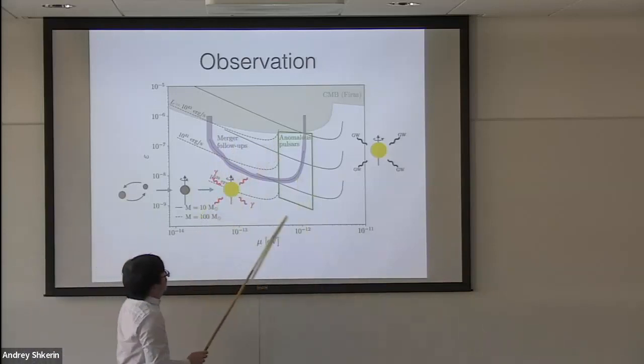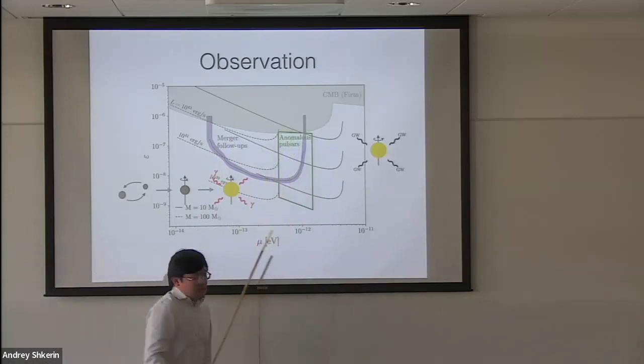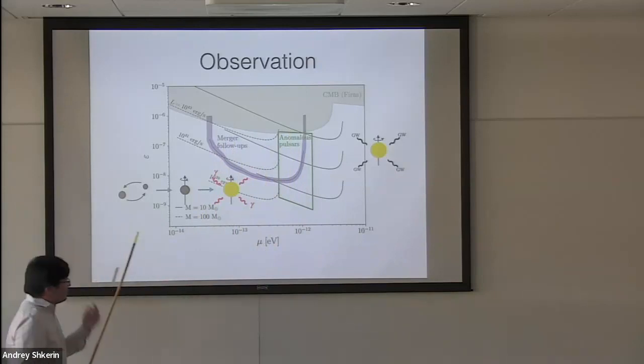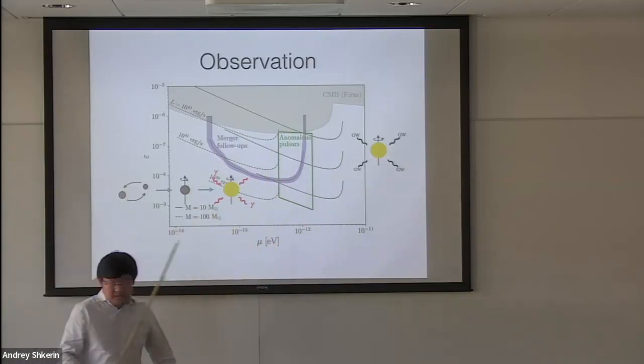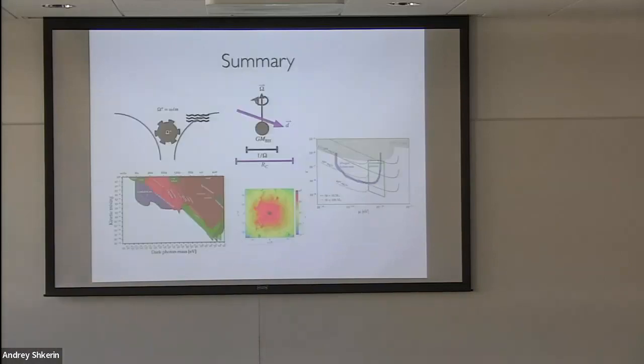While this green region is the region of parameter space where we can find some of these anomalous pulsars, which can potentially be originating from black holes. So that's it.